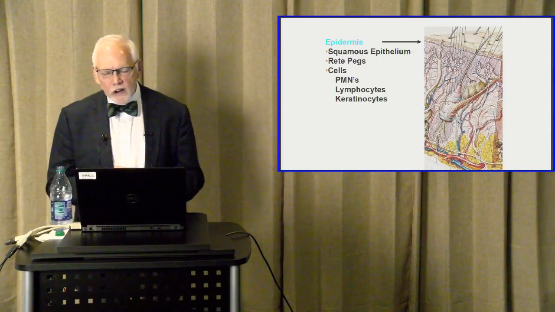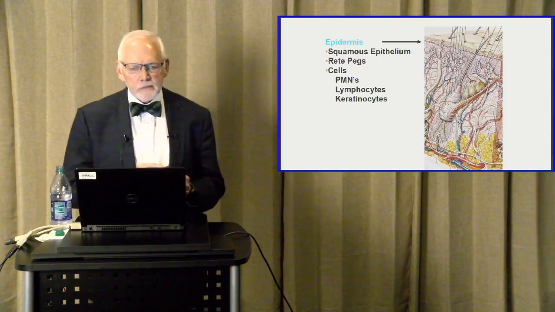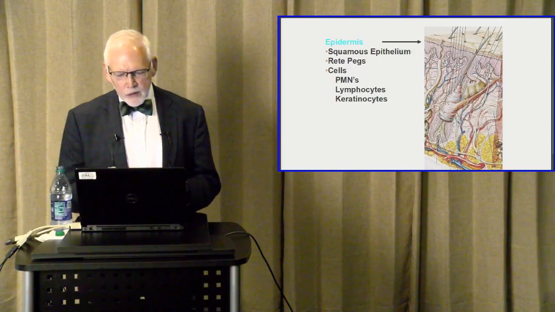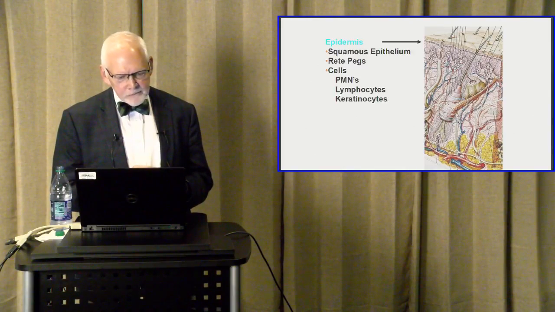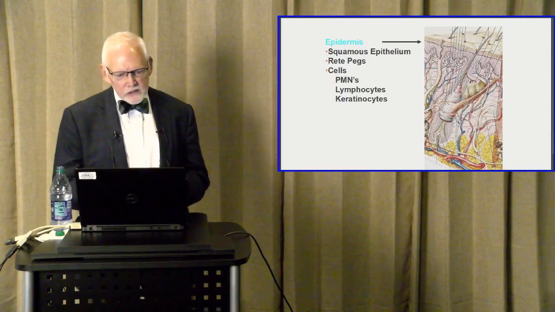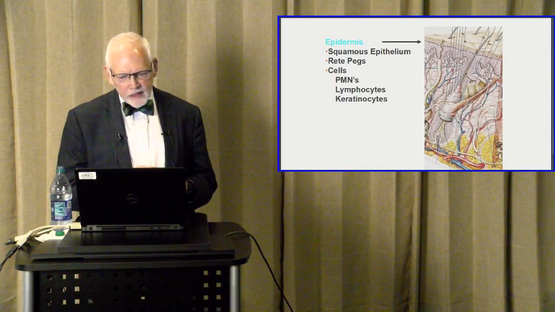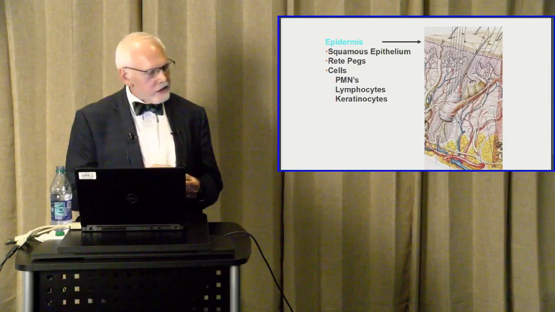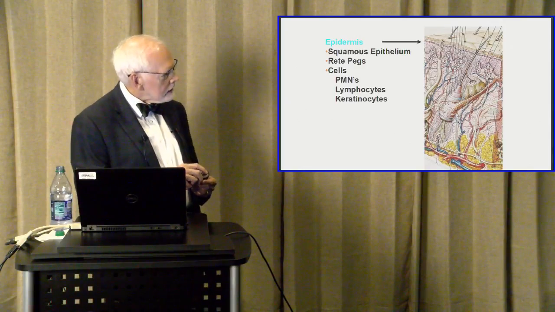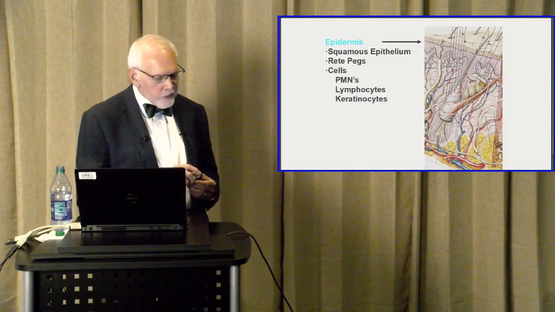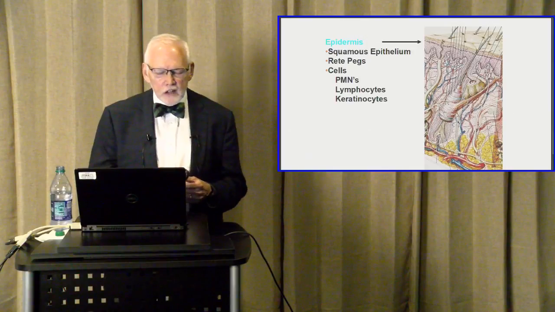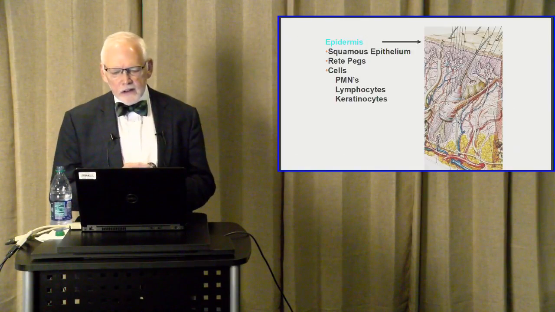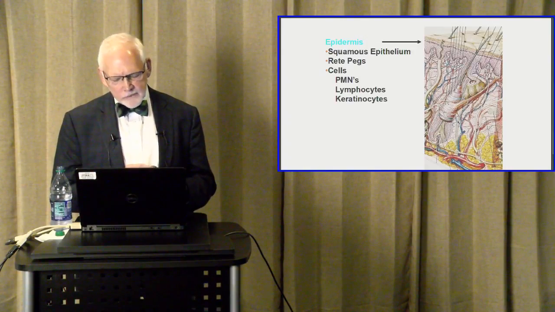In very young children and in elderly people, the rete pegs and rete ridges get smaller, so skin tears are more common. There are some cells there in the epidermis, including keratinocytes, which will be very important in what we talk about later. Marginal keratinocytes are the cells that have to do with covering a wound with new epithelium.